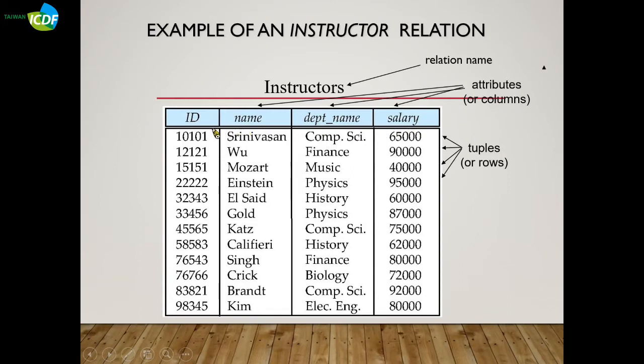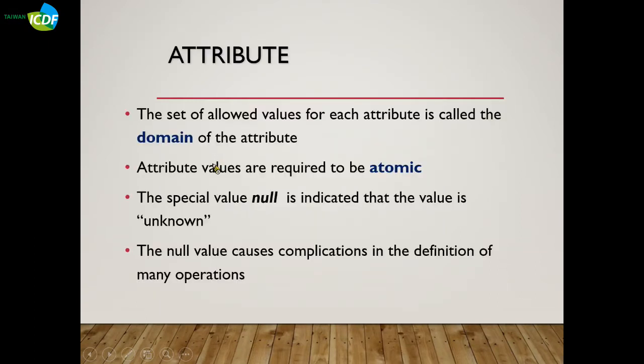According to these 4 attributes, each instructor can be stored here, and each row represents an instructor. In relational data models, the rows have the formal terminology of tuples.